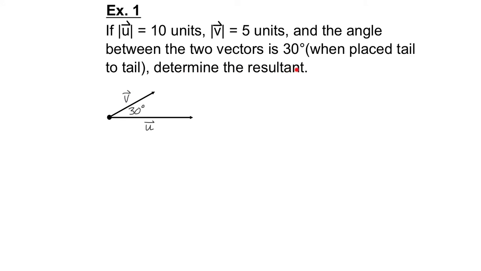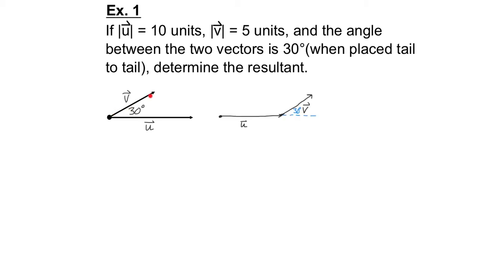But I want to know the resultant vector. So that means I have to add these vectors together. Don't start with this diagram because these are tail to tail. We need tail to head. So I'm going to take vector V and I'm going to slide it over so that the tail is over here.